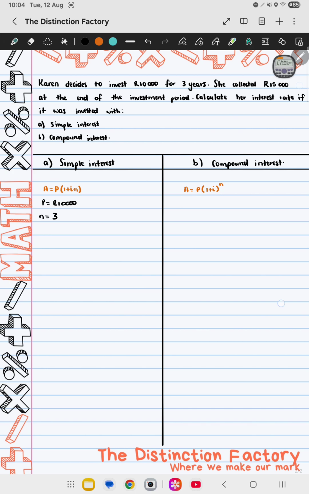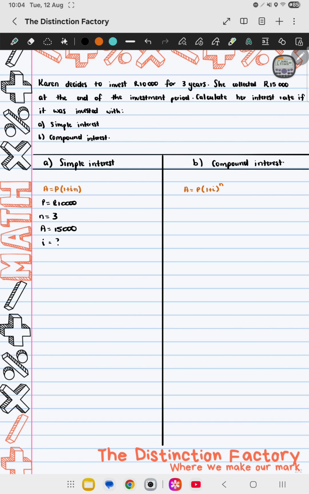So that's an important bit of information. This is how much she got at the end of the investment period. So that means that it has interest collected on it. This will then make it our A value. And the missing variable is I, which is our interest rate that we'll need to calculate.